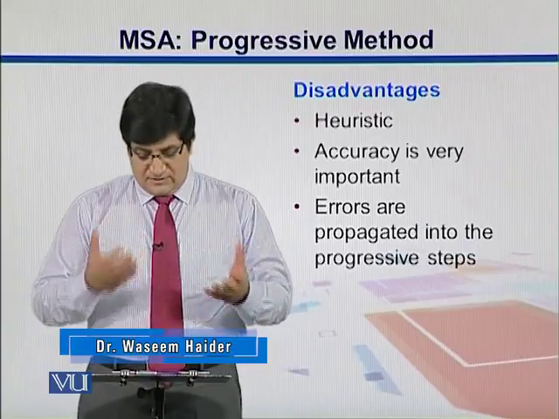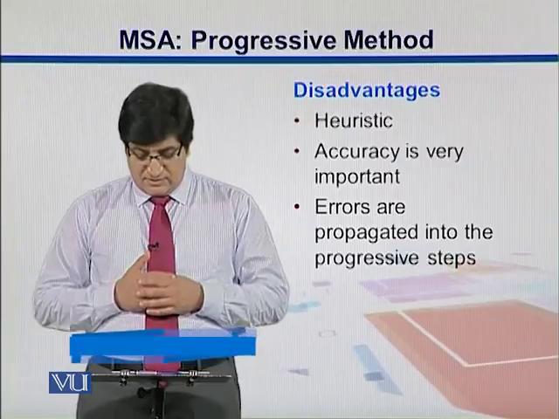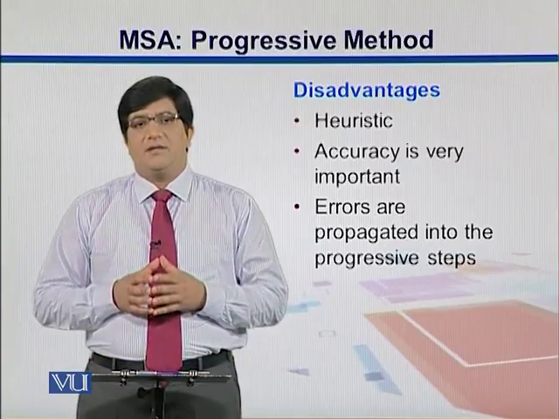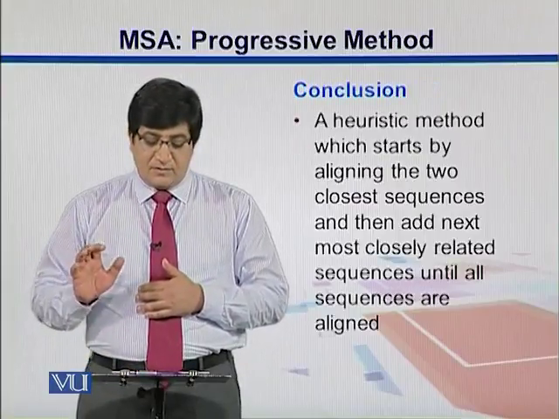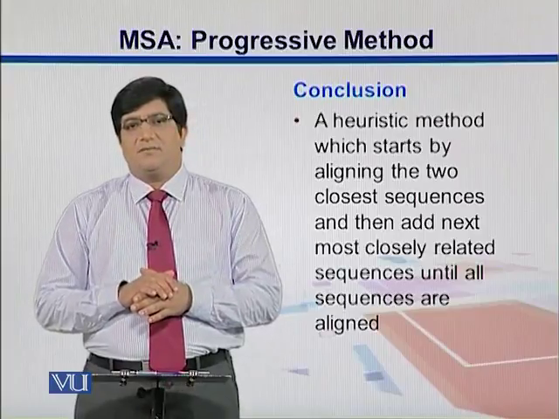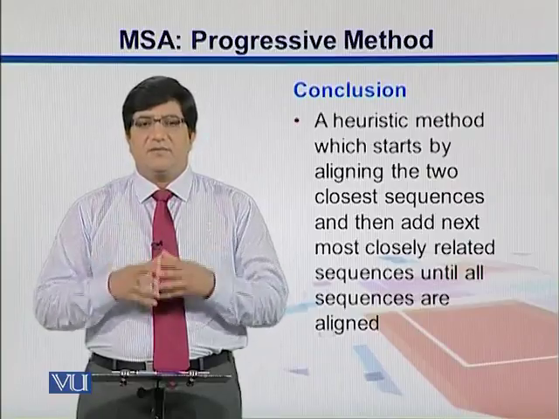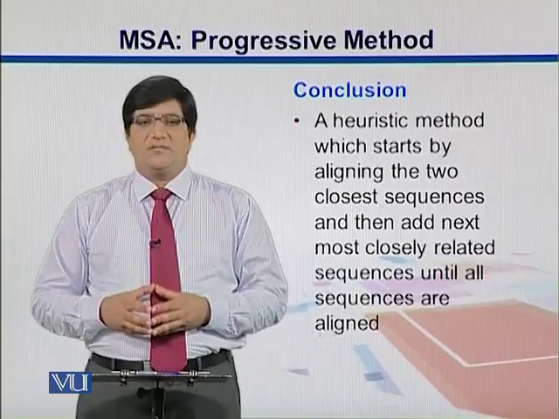So accuracy is sometimes a concern if you are using these methods. Sometimes errors can be incorporated by the different steps you follow in this algorithm. So overall, progressive alignment is a heuristic method. We progressively align the sequences, come up with a tree, and use that tree as a guide to do the multiple sequence alignment.